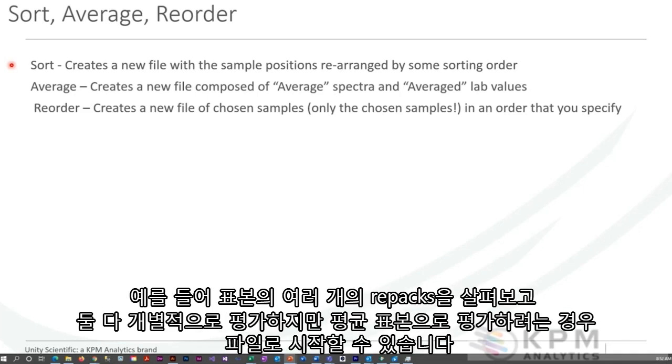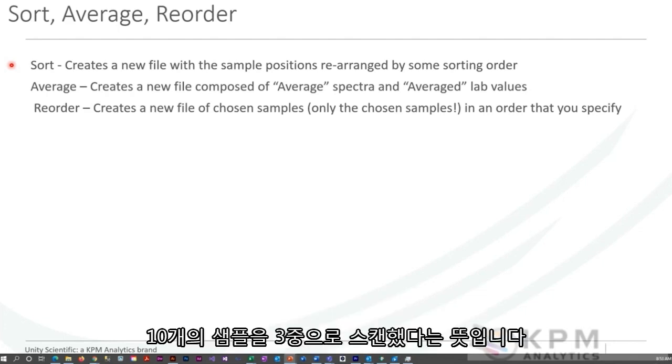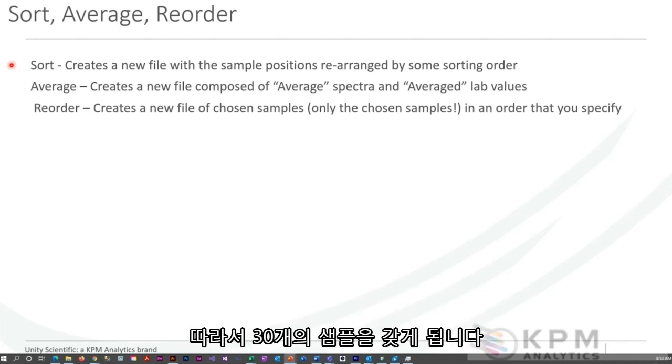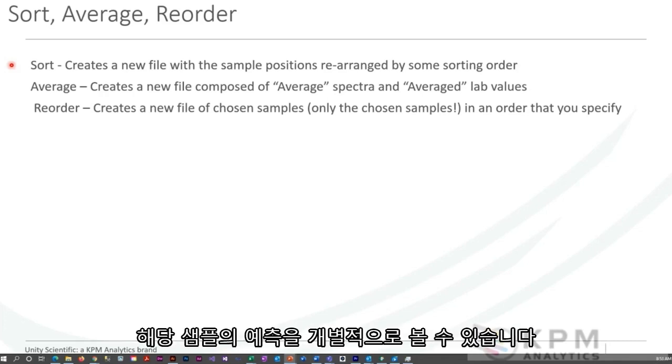For example, if you are looking at multiple repacks of a sample and you want to evaluate them both individually, but as an averaged sample, you could start with a file, let's say, that has 10 samples scanned in triplicate, so you would have 30 samples. You could look at the predictions of those samples individually.